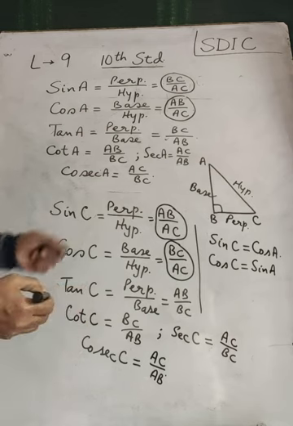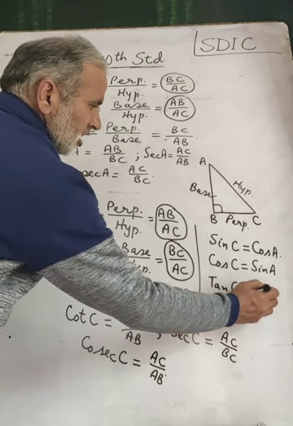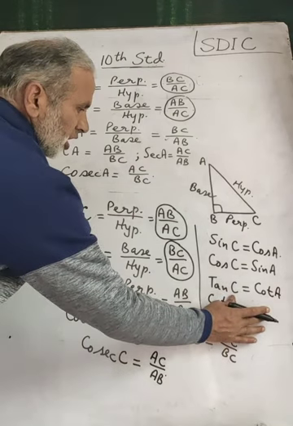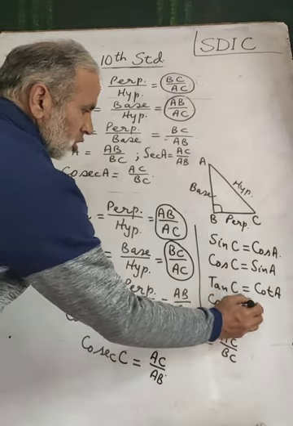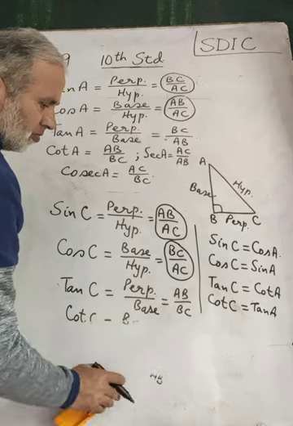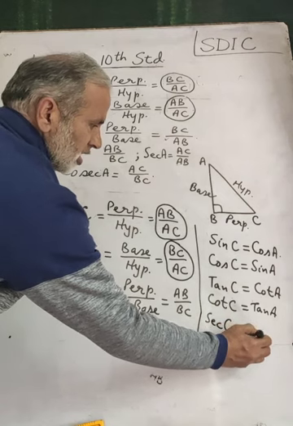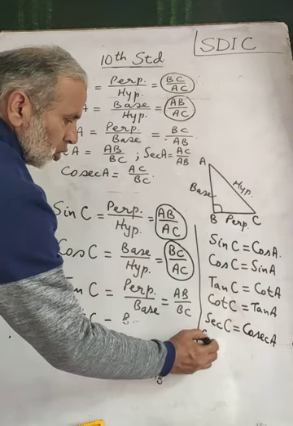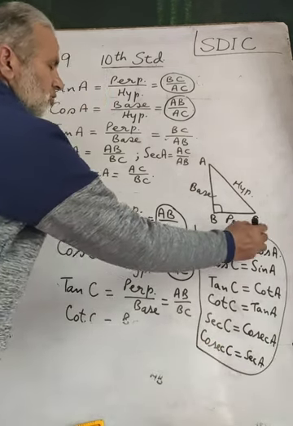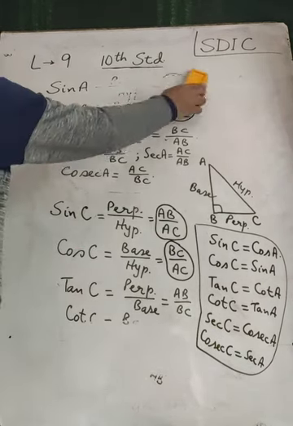And as you go on comparing, you will find tan C is equal to cot A. Cot C is equal to tan A. Sec C is equal to cosec A, and cosec C is equal to sec A. 6 relations we got therefore. These relations obtained are called trigonometric ratios of complementary angles.